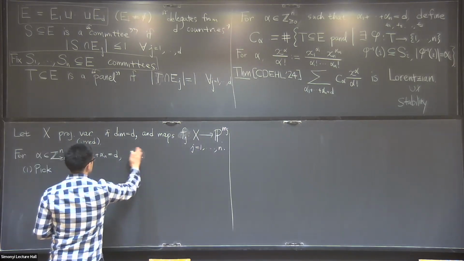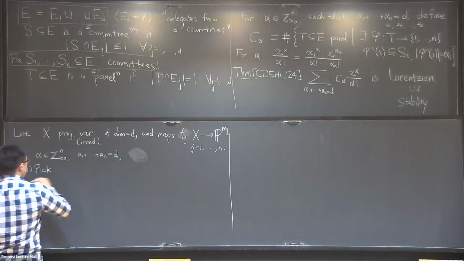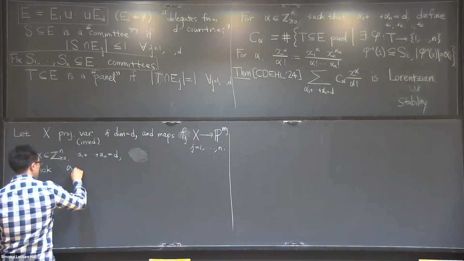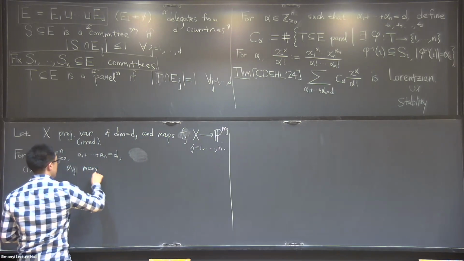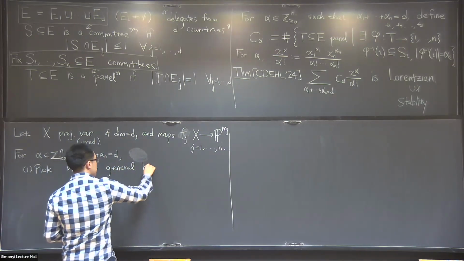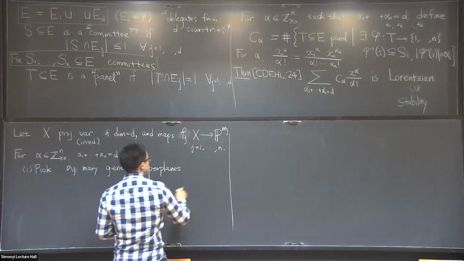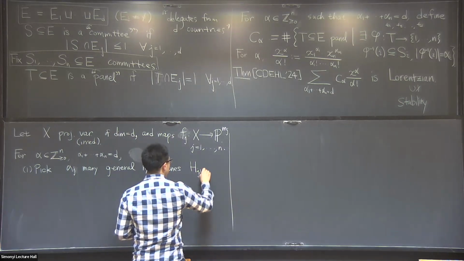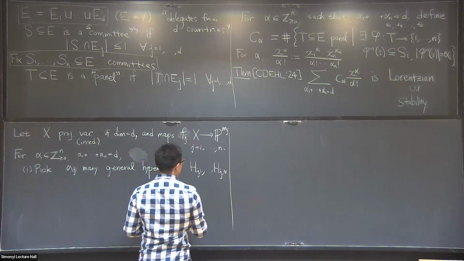First, pick alpha j general hyperplanes, say h_{j1} through h_{j alpha_j}.